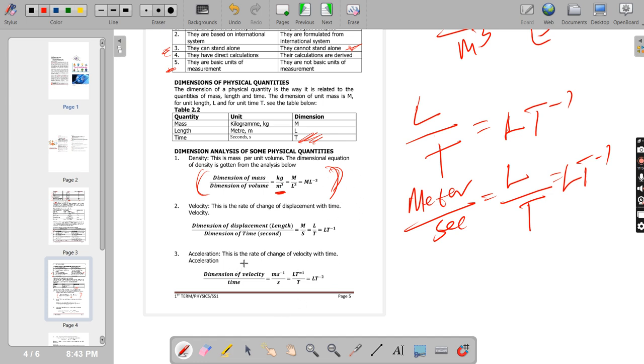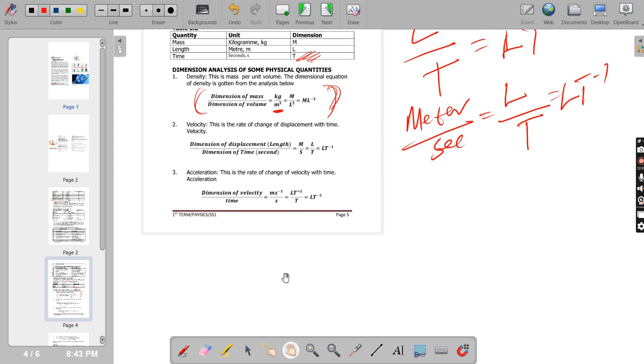All right, so acceleration is the rate of change of velocity with time. Velocity is meter per second, and time is seconds.